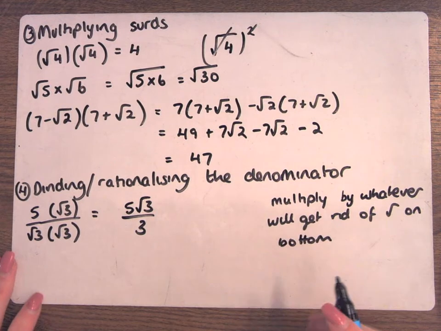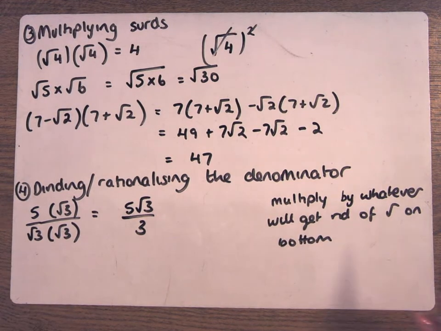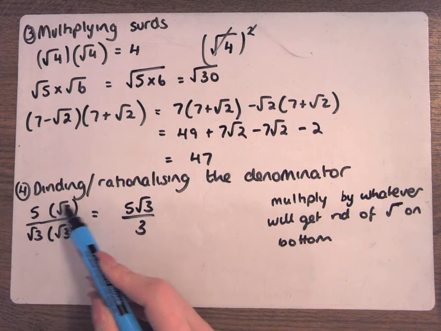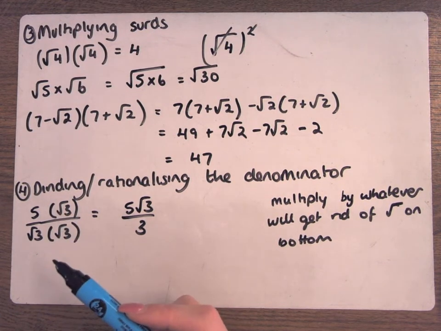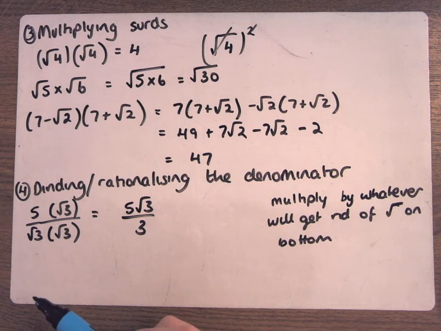So multiply by whatever will get rid of the square root on the bottom. Okay? You're not changing your equation at all. Root 3 over root 3 is just 1. So really you're just multiplying by 1. Okay?